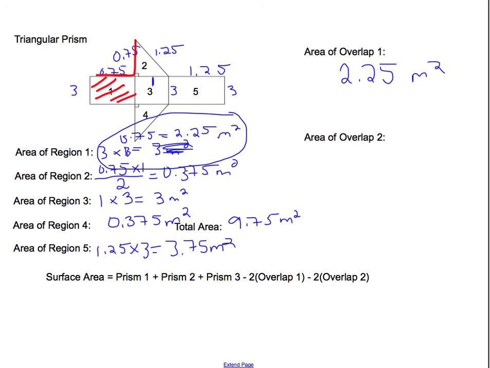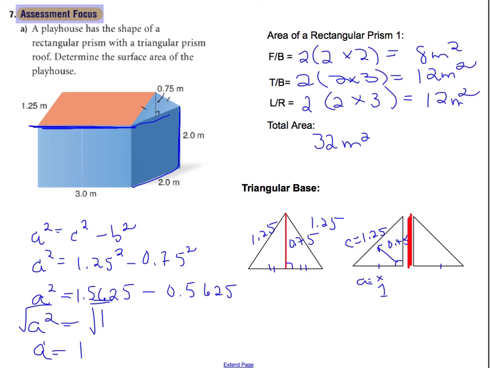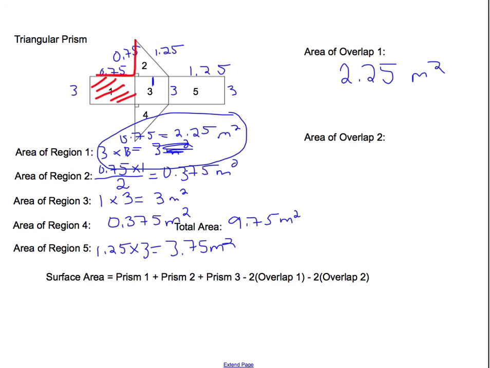We do have another area of overlap, and that is this area right here: the bottom of the triangular prism and the top of the rectangular prism. That has dimensions of 3 by 2, so 6 meters squared of overlap.